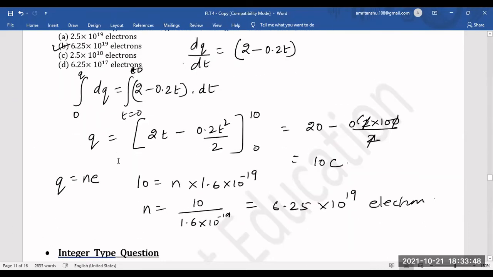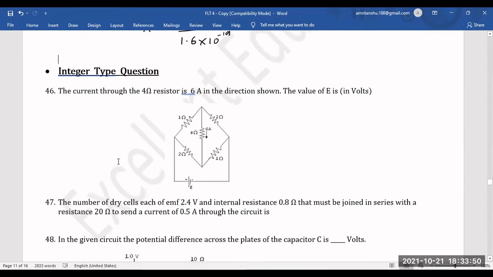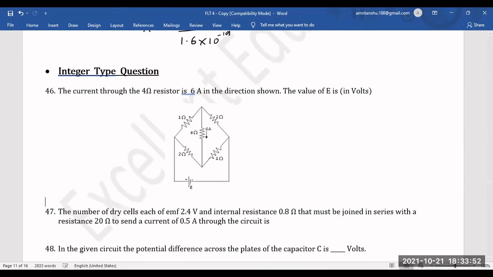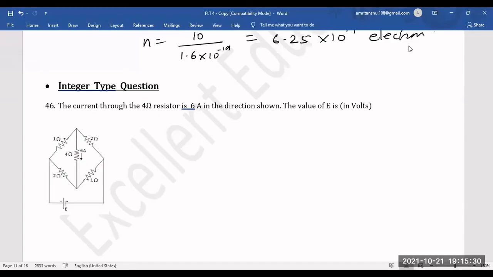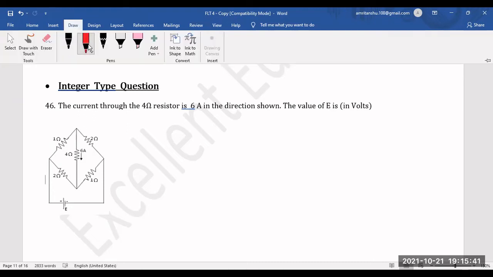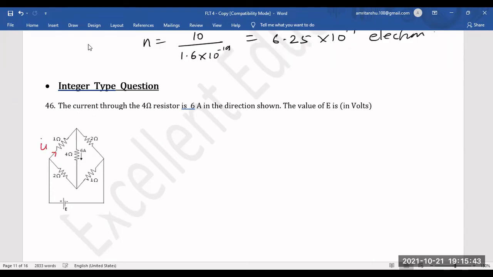Now moving on to integer type questions. Question number 46. So in this question, let's assume currents, which will be as follows. Let's say I1 current is here and I2 current is over here. And as you can see, the current divides accordingly.